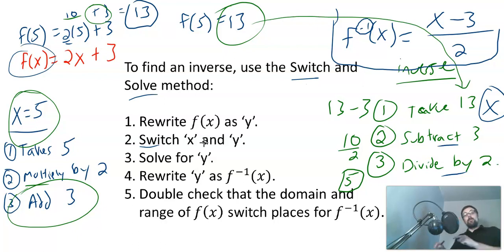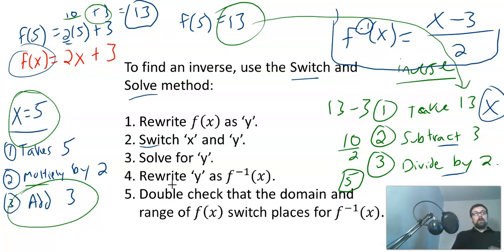Then you solve for y. And this is where all the work is. Solving it for y will force you to undo and reverse engineer that equation in order to get y by itself again. So when you're solving for y, you're undoing everything that's going on around y, and that's going to produce the inverse function of the original function.